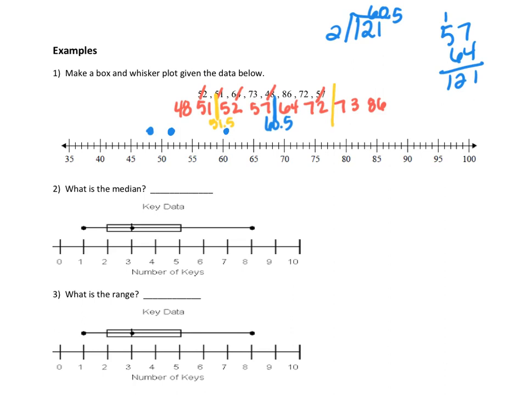It's going to be between 72 and 73. So what's that going to be? 72.5. So I'm going to put a dot on 72.5. And then I'm going to put a dot on 86. Does everybody see where I got the 5 dots from? Minimum, median of your first half of data, median of your second half of data, and then your maximum, okay?